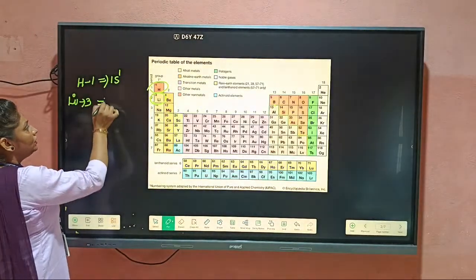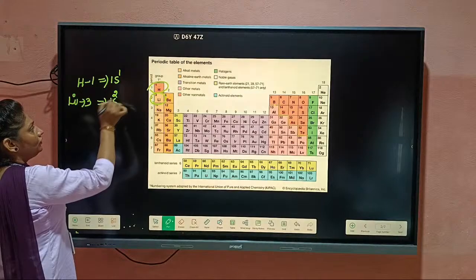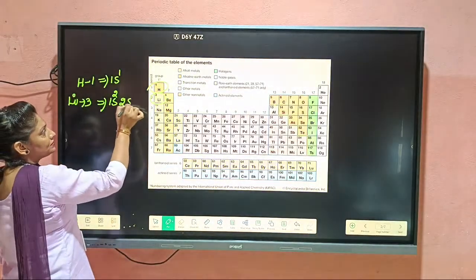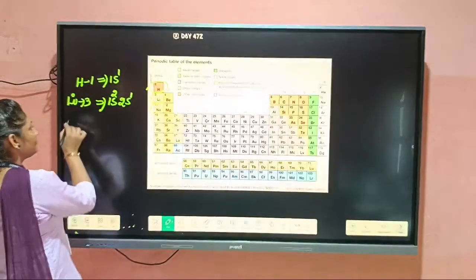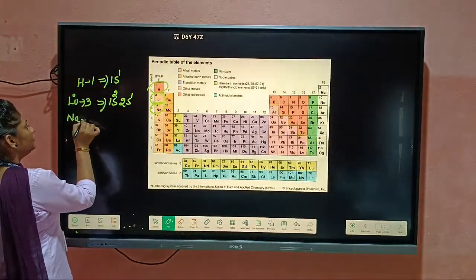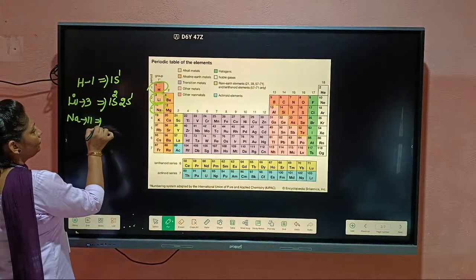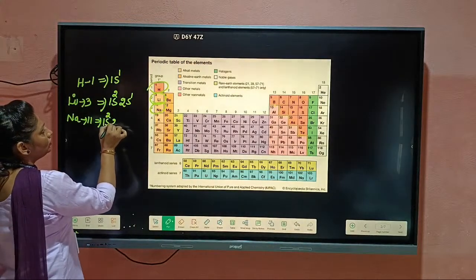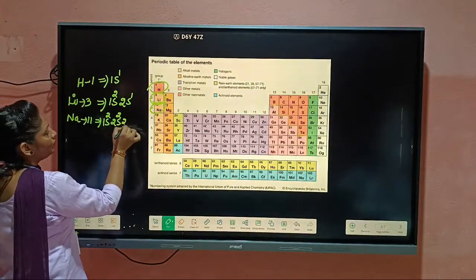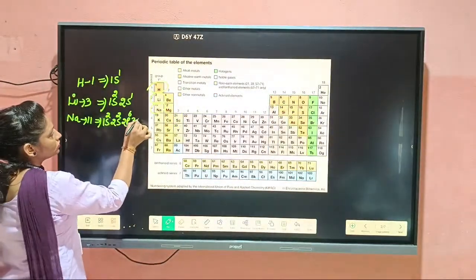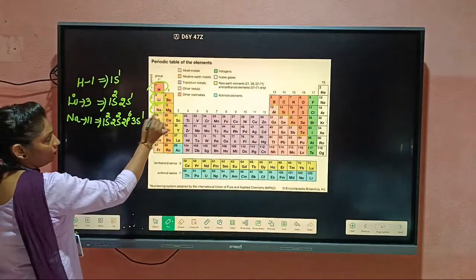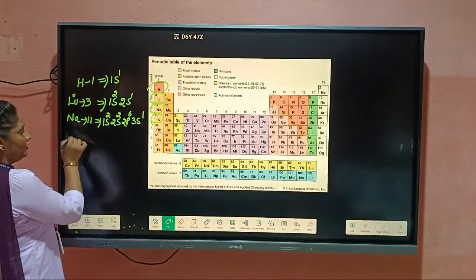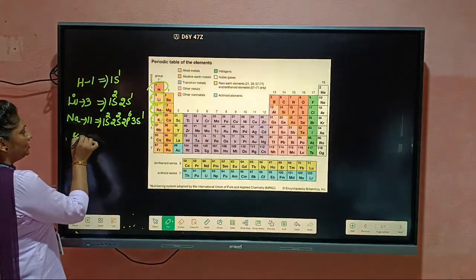So here the electronic configuration is 1s2, 2s1. Then sodium, which is 11, has configuration 1s2, 2s2, 2p6, sorry, 3s1. Then in potassium, what is the atomic number? 19.